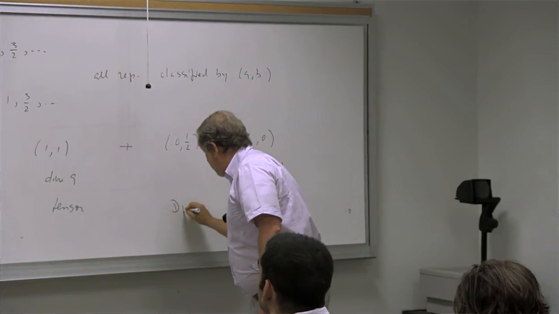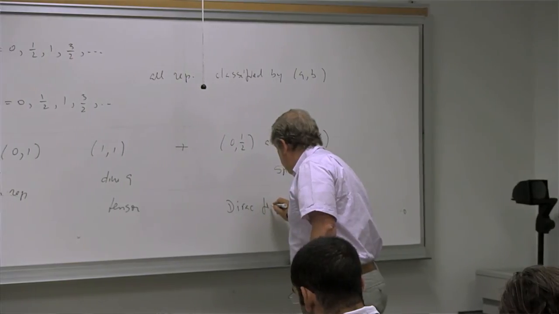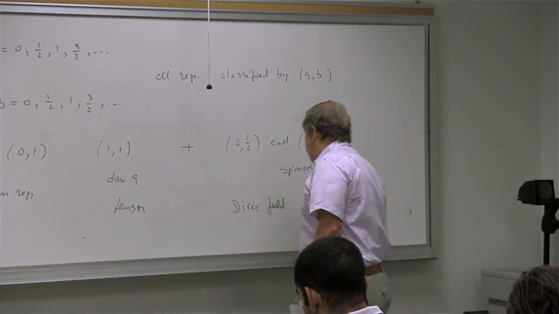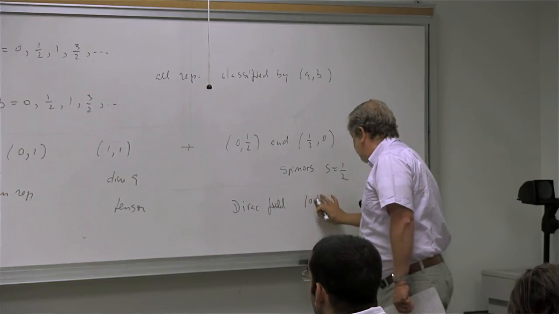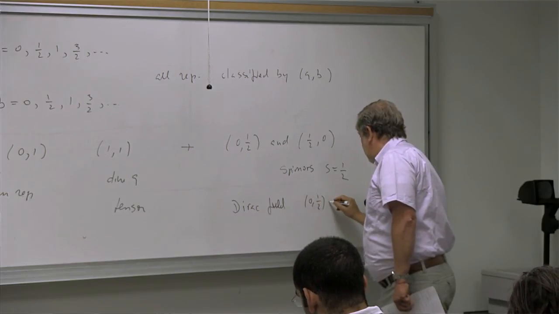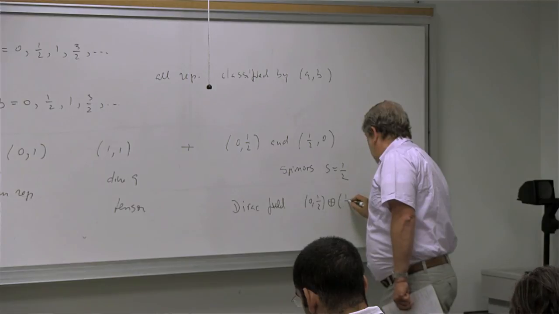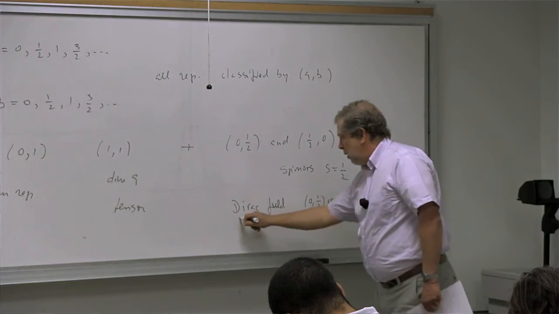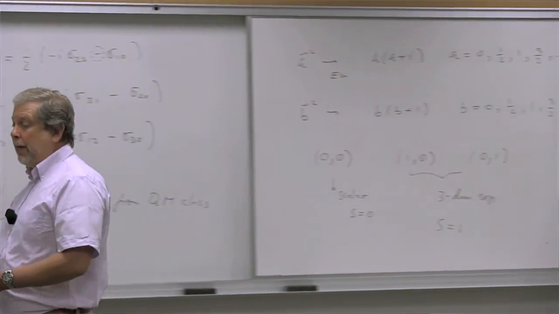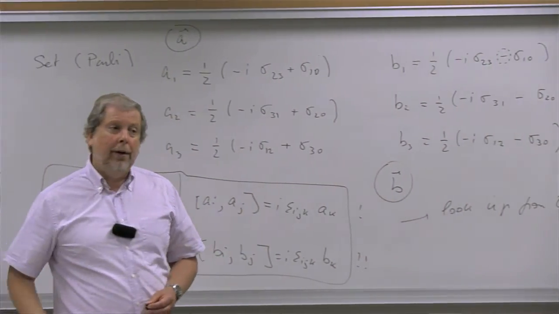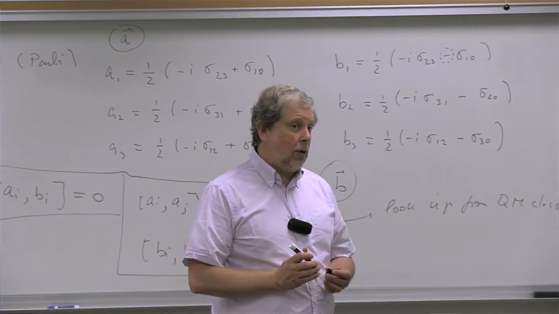So the Dirac field, and we're running out of time, turns out to be the (0, 1/2) plus the (1/2, 0). So, okay, what has happened? What has happened is that, in fact, the stuff we learned in the quantum mechanics class is still correct.